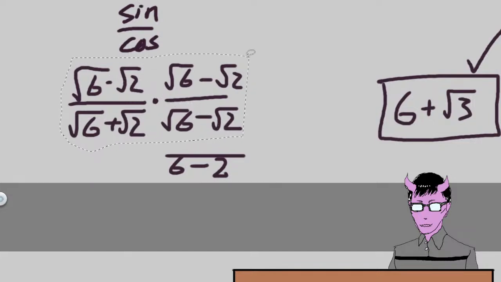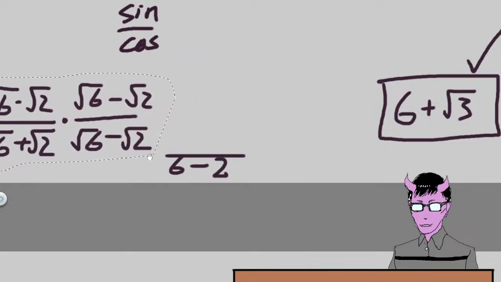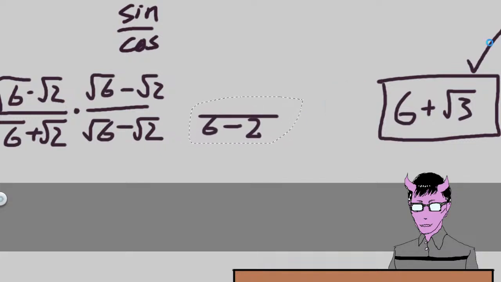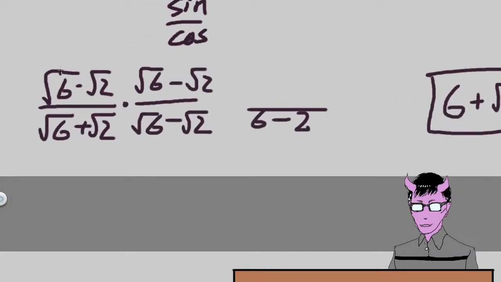And as for the top situation, so much space, so much work. Alright, so we have this one times this one. So this is a classic binomial expansion situation. In fact, it's the perfect binomial situation, right? It's going to be root 6 minus root 2 squared.